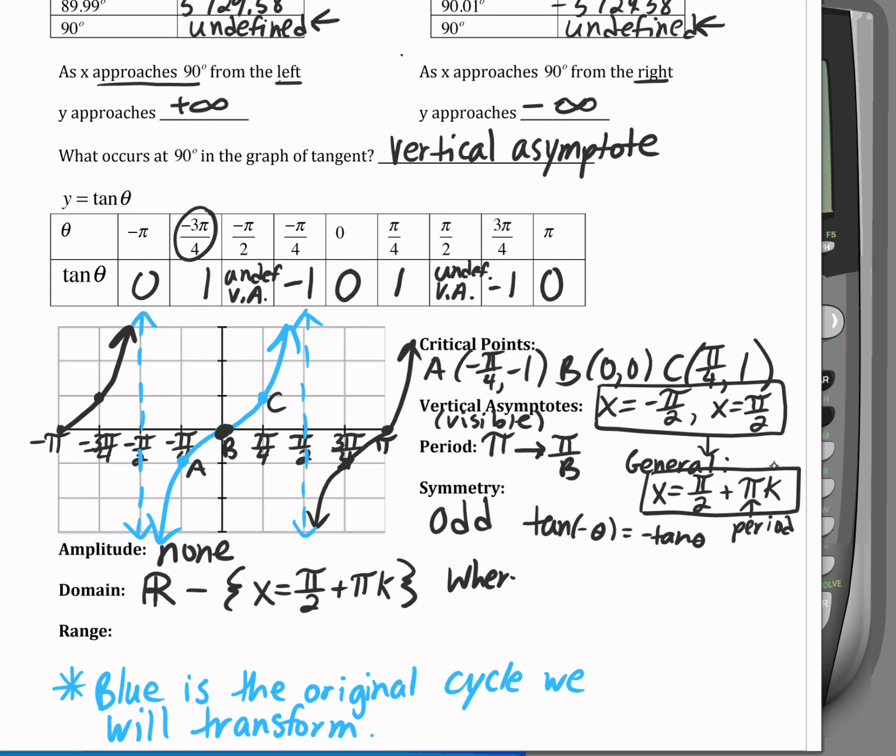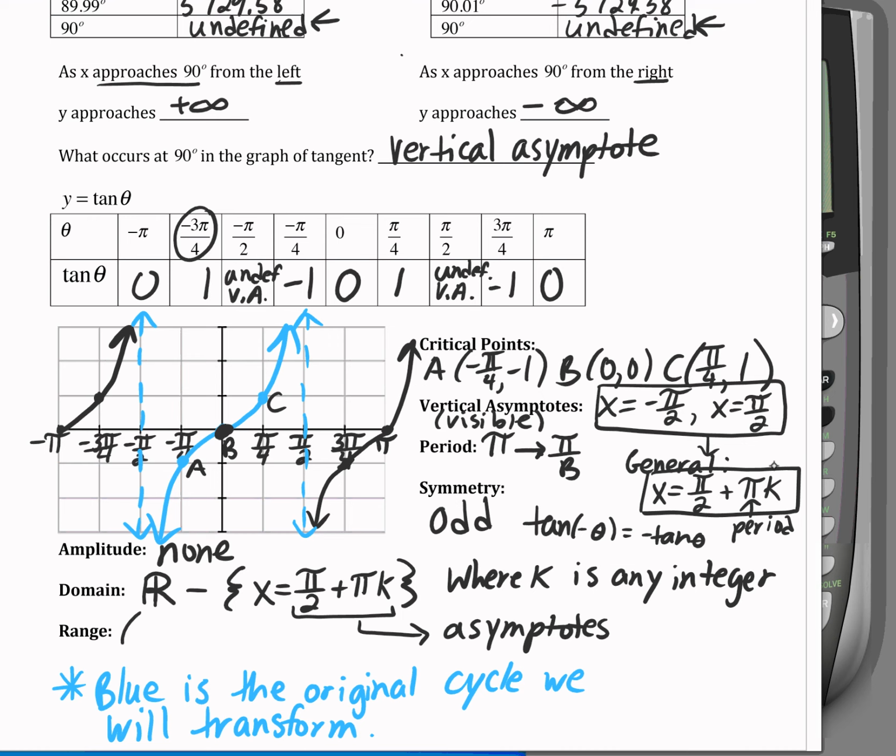We just want to write where k is any integer, because remember, it needs to be an integer for these formulas to work. And then these guys right here are your asymptotes. So at the asymptotes, we don't have a part of the graph. That's a space in our domain.